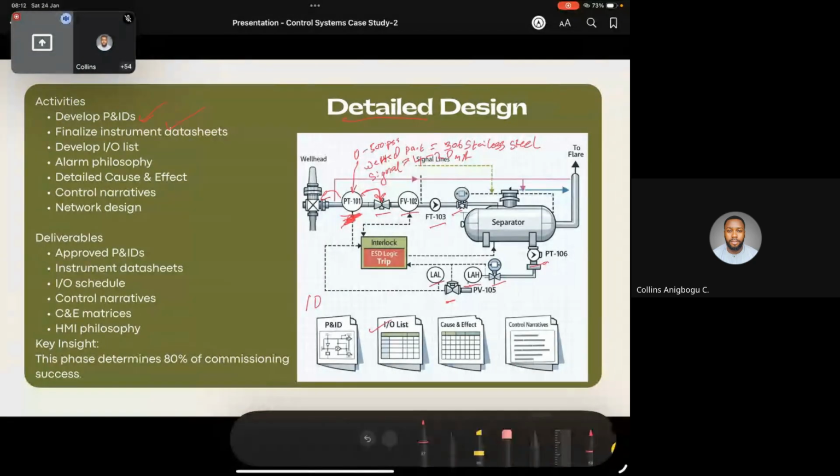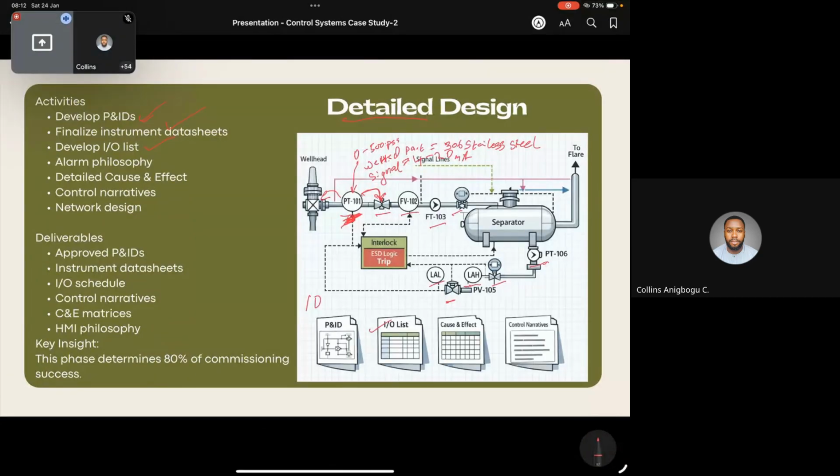So you develop your IO list. You develop your alarm philosophy. This is where you now do your detailed cause and effects. You have your control narratives, and then you do your network design. So you finalize the control narrative, and then you do your network design up to the hardware design and up to communications protocols.